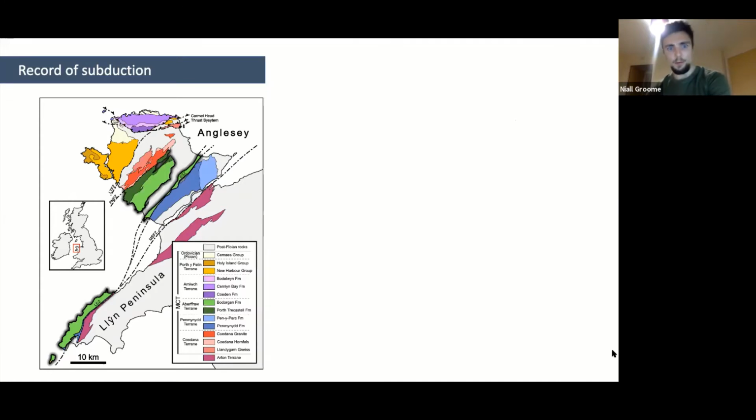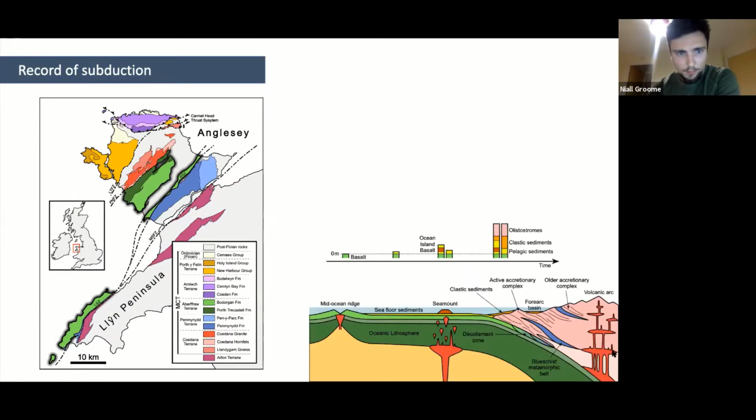And another way that we have identified subduction is through this unit here, this green unit, known as the Gwna Group, where we have basically a record of the Iapetus Ocean and its life cycle, essentially. So you can see here a cross section of an ocean floor.